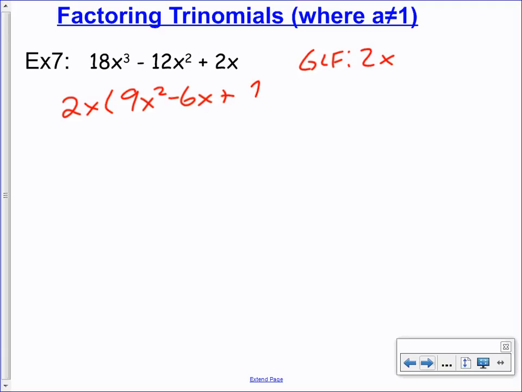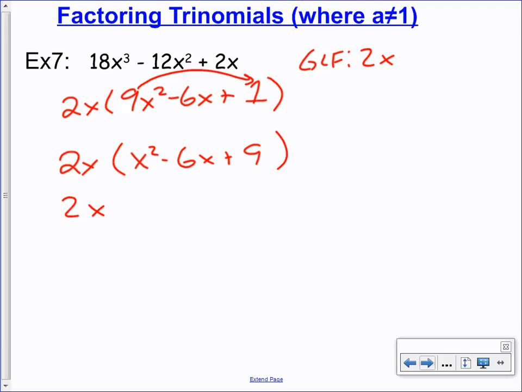It's 1, because you're dividing. Flip that 9 to the back. x squared minus 6 times 9 equals negative 54. So we get 2x, and then a factor minus 3, and we're done.